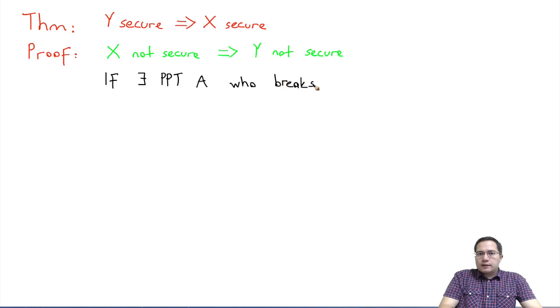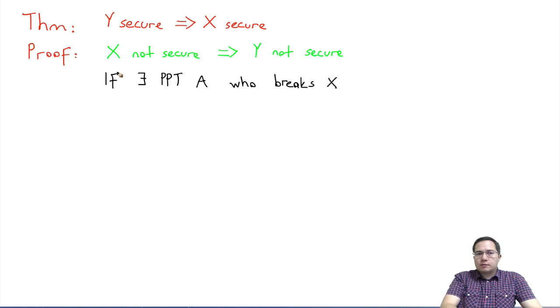Breaking will depend on the security definition we use for X. For example, if you remember the encryption eavesdropper security, it means the adversary wins that game with probability 1/2 plus some non-negligible amount. Okay? So that's breaking. Breaking depends on the security definition we use.